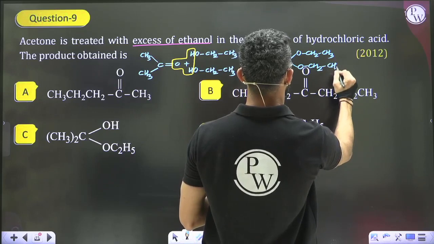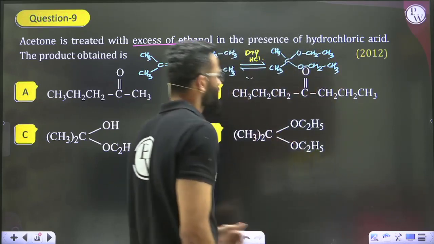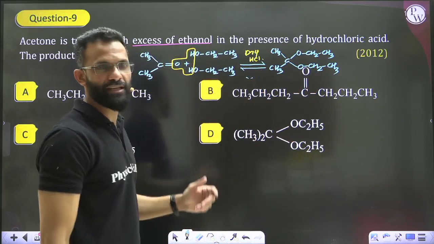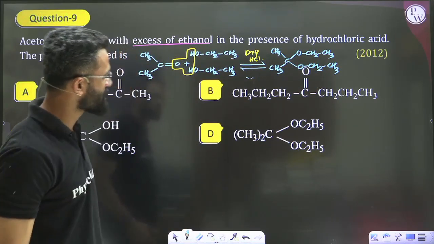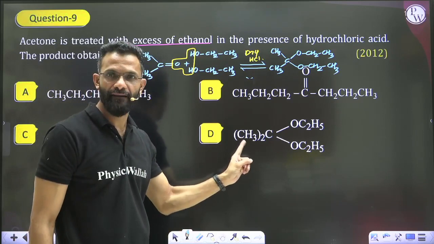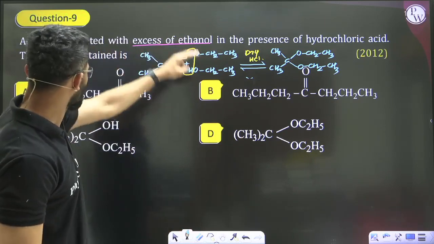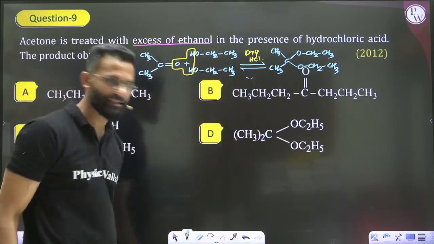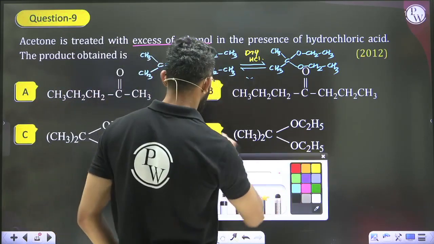So this is what we call acetal, or rather ketal formation, because the starting compound is ketone. So it's a ketal of acetone. Which option says so? You can see that here. Two molecules of alcohol, because they said excess, treated with ketone in presence of dry HCl to give ketal formation. The answer is option D.